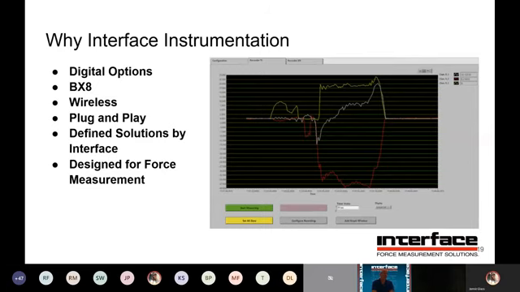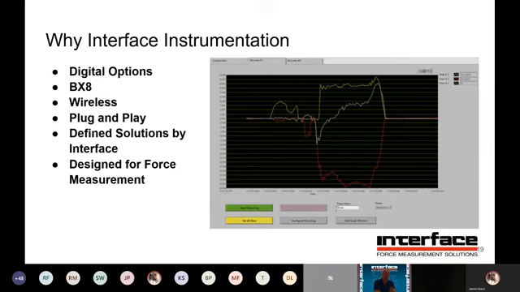So why interface instrumentation? Well, one thing is that there are a lot of instruments to choose from. And so interface can help you pick the right instrument that'll go with the multi-axis product you're using. And then we can also take it to the next level, and we can scale them together and give you a cert if you need it.